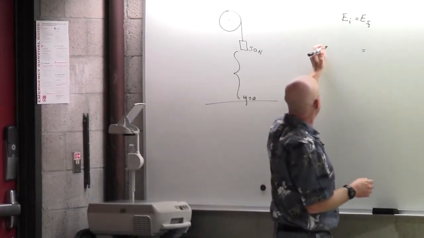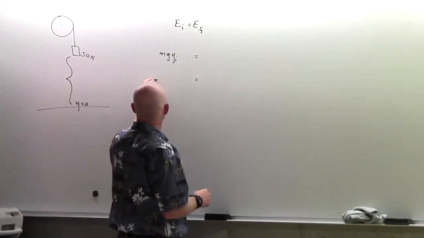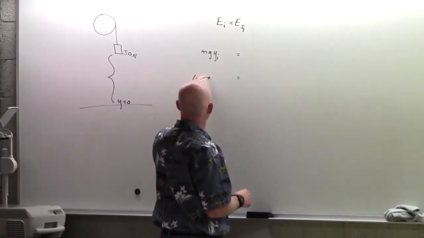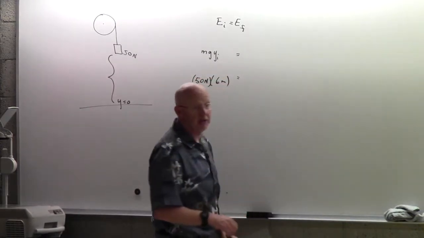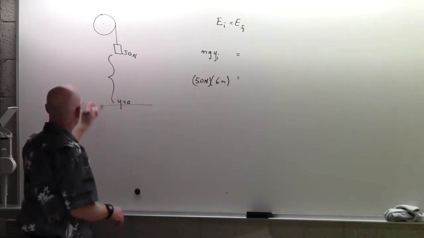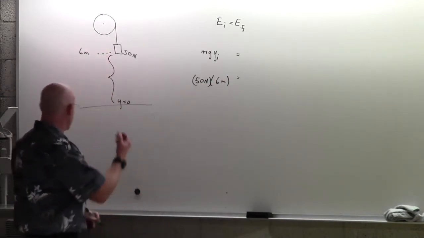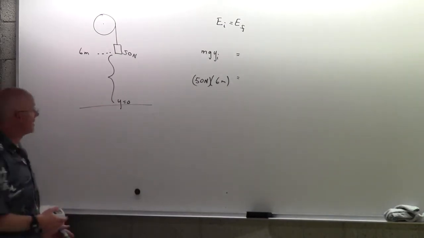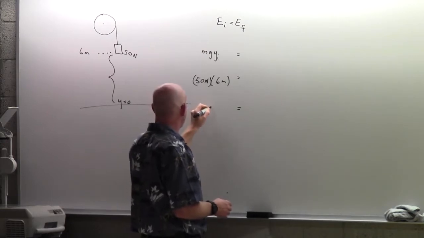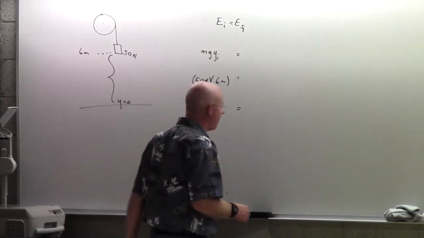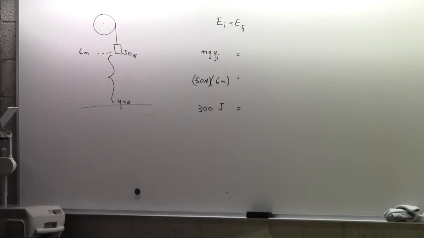But as I write this out, mgy initial, the mg is 50 newtons, and the initial height then would be 6 meters. And they said that this moves 6 meters before it hits the floor. So if you're going to call the floor 0, then obviously it's 6 meters up. So 6 times 50 is 300. So we have to begin with 300 joules of energy.